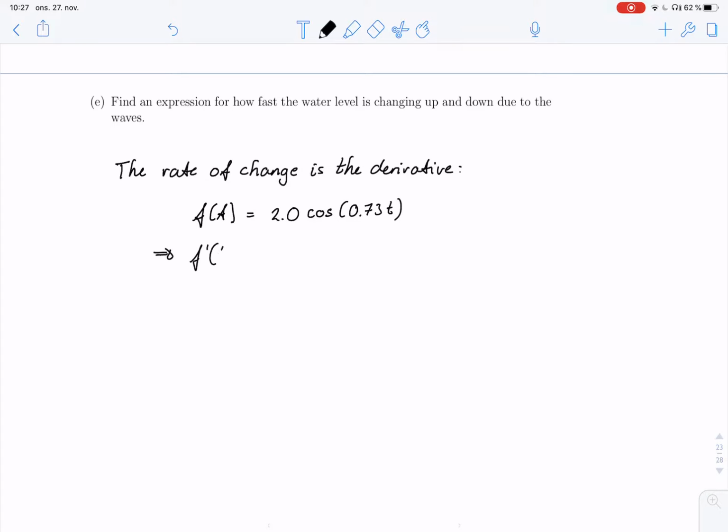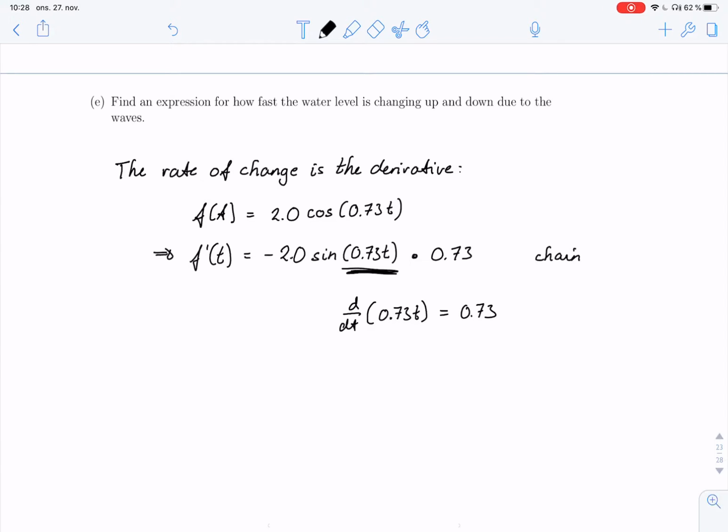We then get the derivative. We need to find the derivative of cosine, which is minus sine. We need to keep what's inside the parentheses because that's trapped in there. And then we need to find the derivative of what's inside the parentheses and use the chain rule.